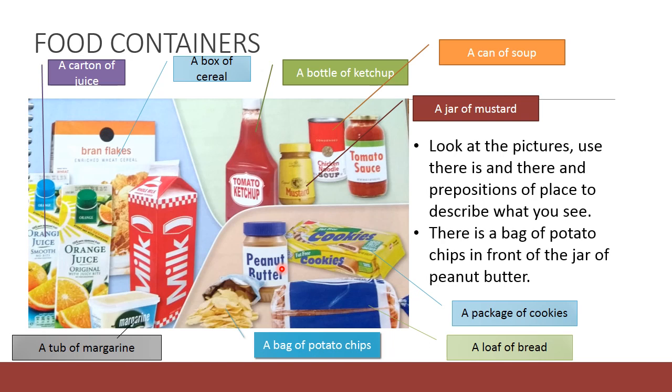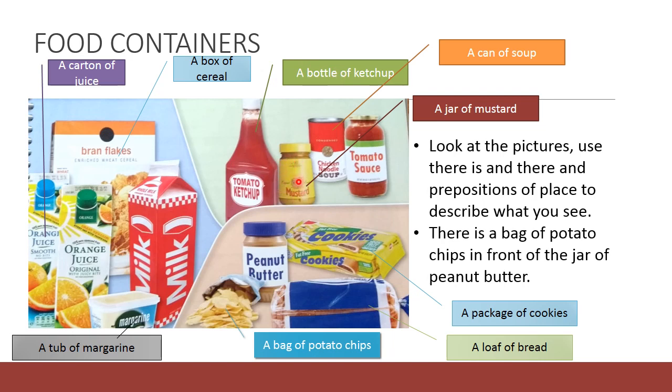Okay, so let's practice. There are 2 cartons of juice in front of the box of cereal. There are 2 cartons of juice next to the carton of milk. There is a bottle of ketchup next to the jar of mustard.